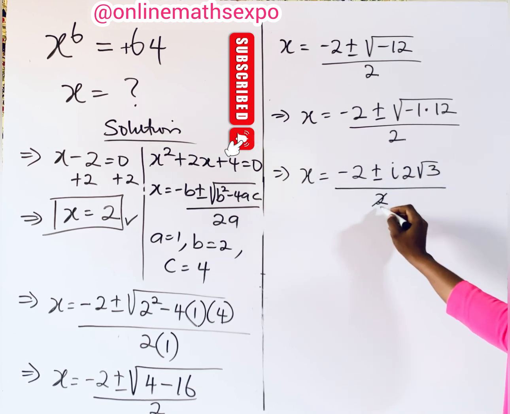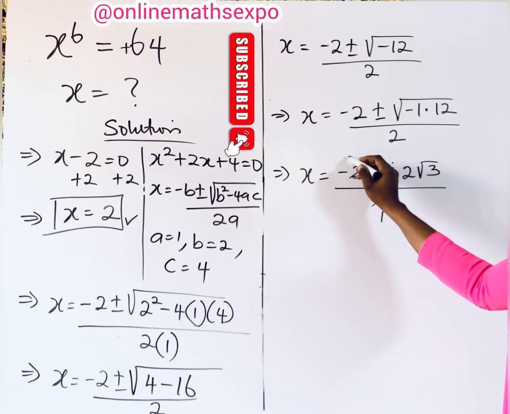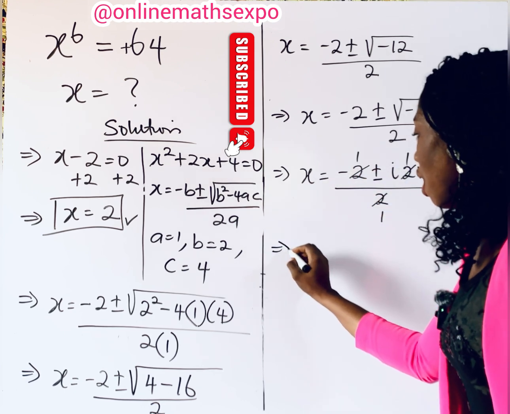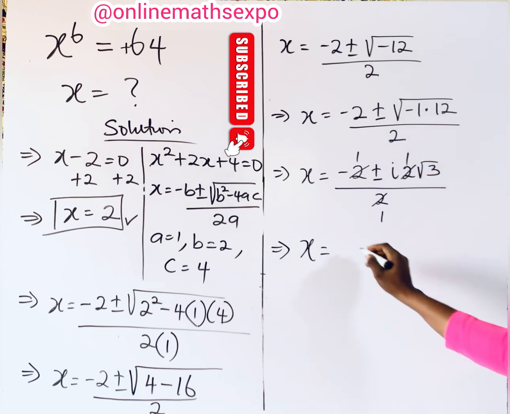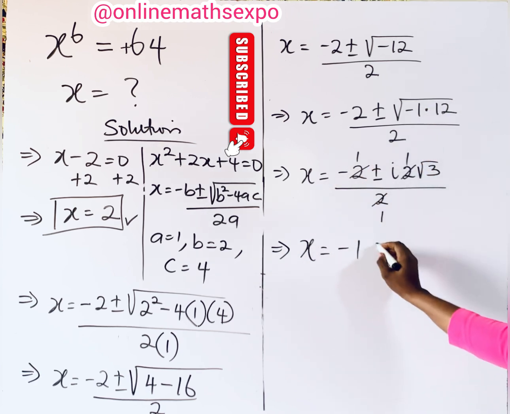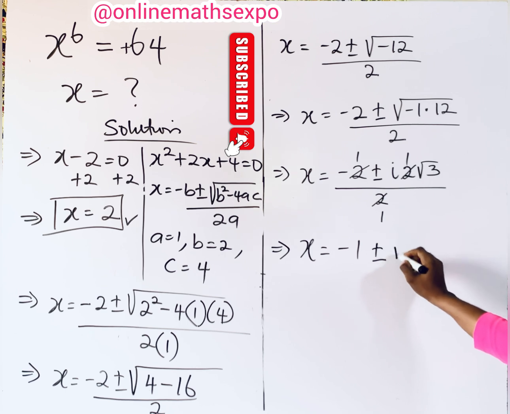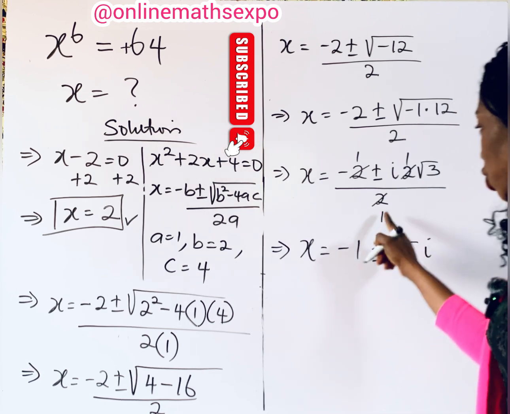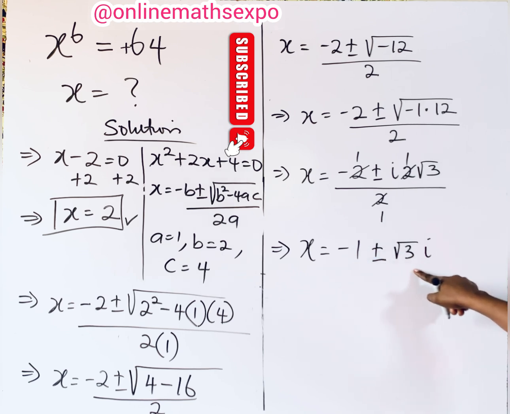So this 2 takes off itself 1, divides this, you have 1, and divides this 1. Did you see it? So we're going to have x is equal to negative 1 plus or minus root 3i. So if you split it now, you know we are dividing by 1, and when you divide anything by 1, it returns you to that number.